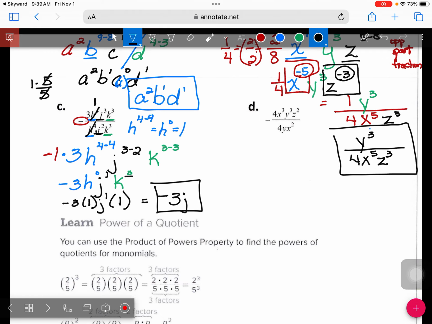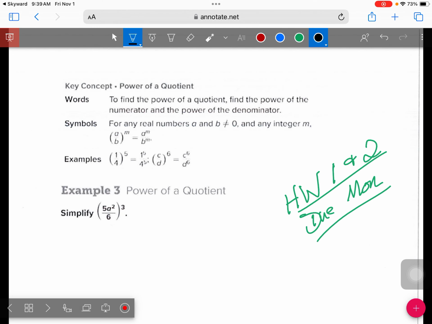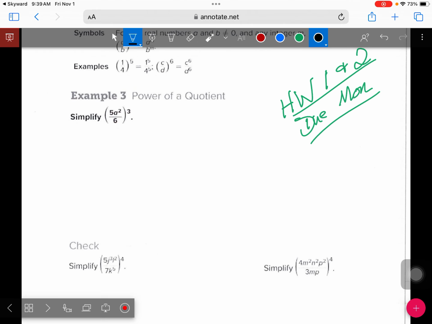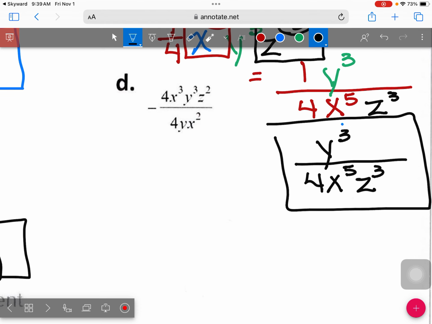All right, let's do letter D. So I have the negative out front. I'm just going to say that's -1. I have 4 divided by 4, so times 4 divided by 4. I have an x to the 3rd and an x squared.